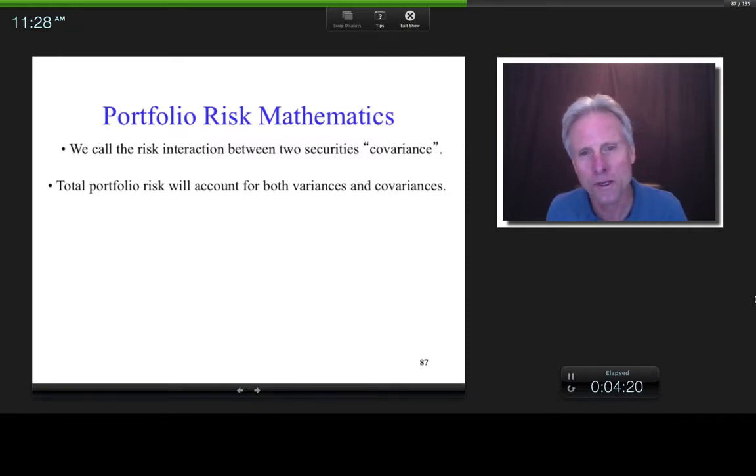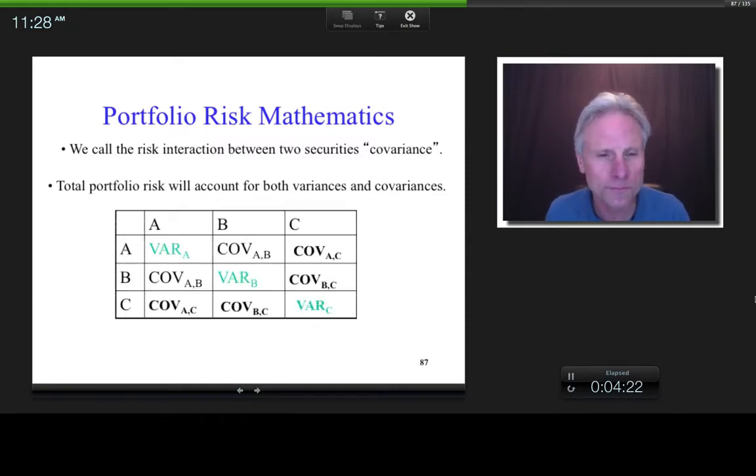As a quick preview, for example, if we had 3 securities, A, B, and C, well, A with itself is going to have a variance, but then there's going to be some risk interaction, what we call covariance between A and B, and covariance between A and C, and so on and so forth. So when it comes to total portfolio risk, we're going to find out that it's going to include these terms.